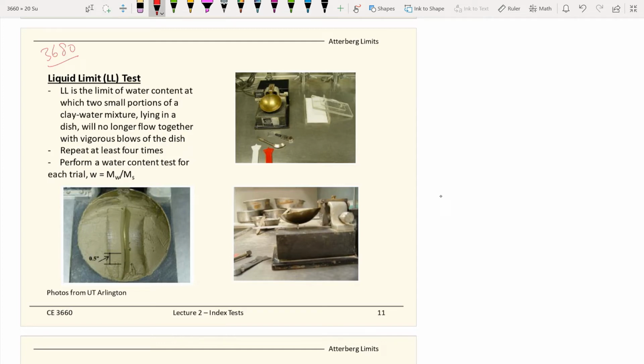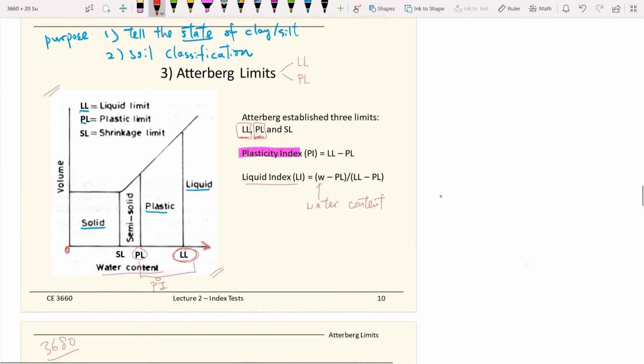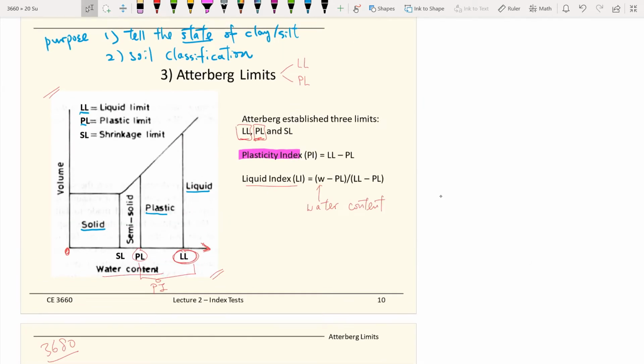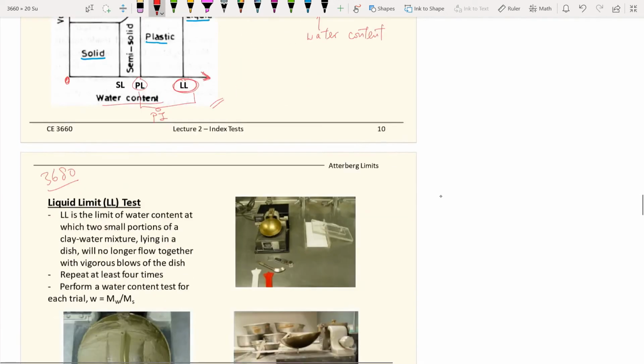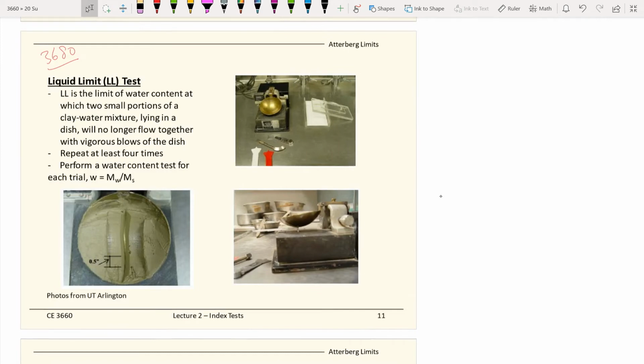But my expectation for this class is for you to understand at least this figure here. You understand what is a liquid limit and what is a plastic limit. Later on, we will also demonstrate how to use those two pieces of information to do the soil classification. The details of the testing will be covered in 368.